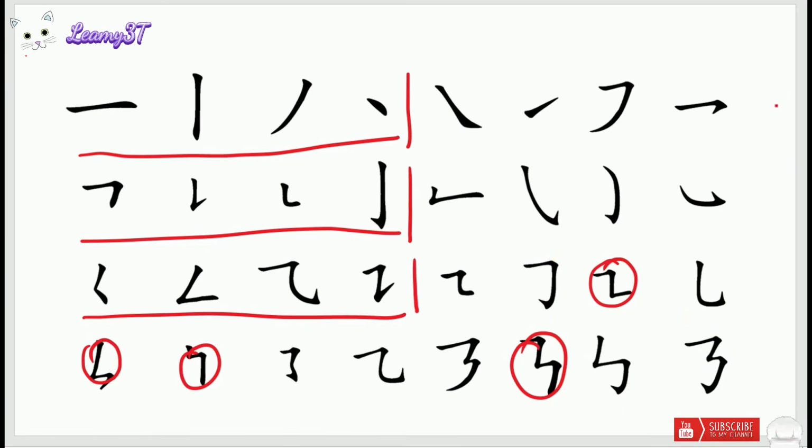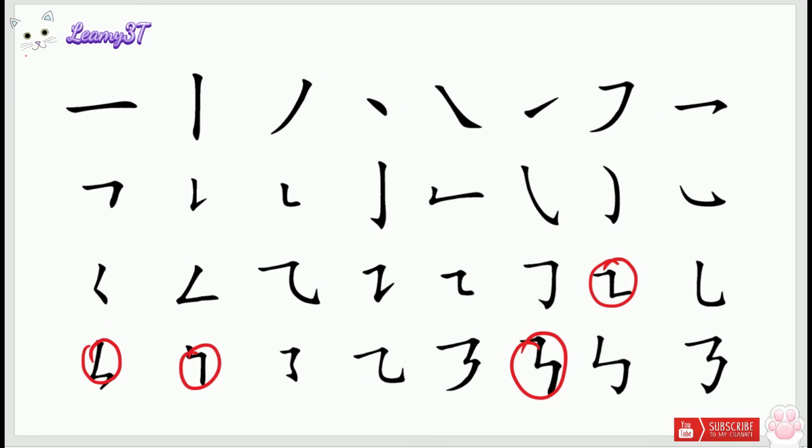There are 6 basic strokes. And in Chinese, they are called 横, 竖, 撇, 点, 捺, 提.